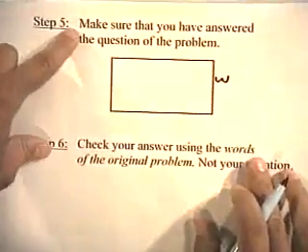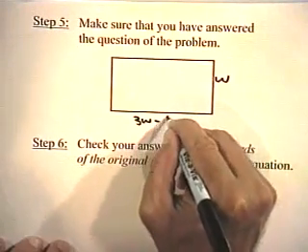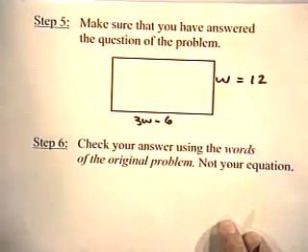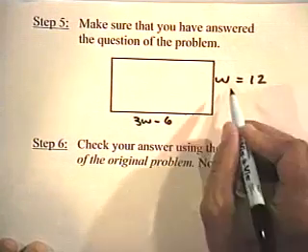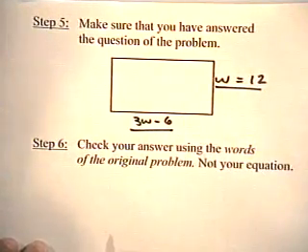Now, step 5. Let's make sure that we've answered the problem. So far, we've come up with w equals 12. But remember what our problem said. Our problem said find the width and the length. We haven't found the length yet.